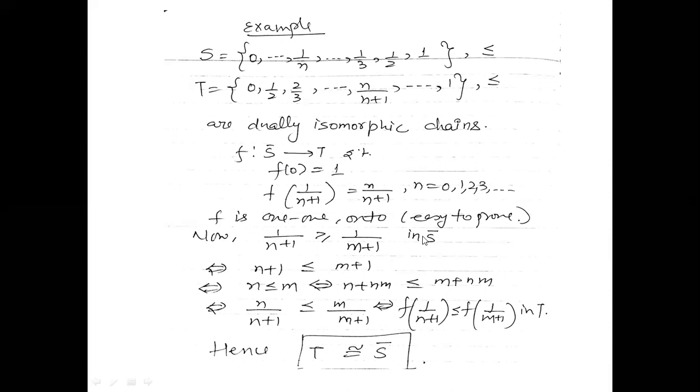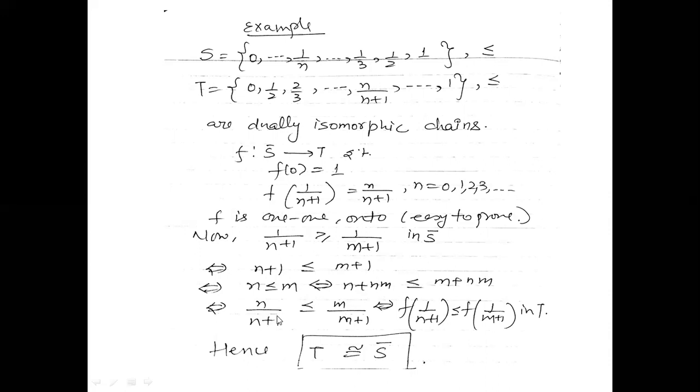So let 1 upon n plus 1 be less than equal to 1 upon m plus 1 in S bar, or you can say 1 upon n plus 1 is greater than equal to 1 upon m plus 1 in S. So if and only if n is less than equal to m, if and only if n plus nm is less than equal to m plus nm, just adding nm on both sides.